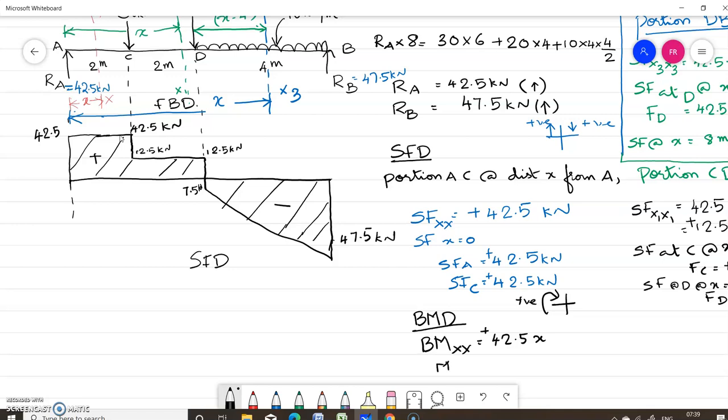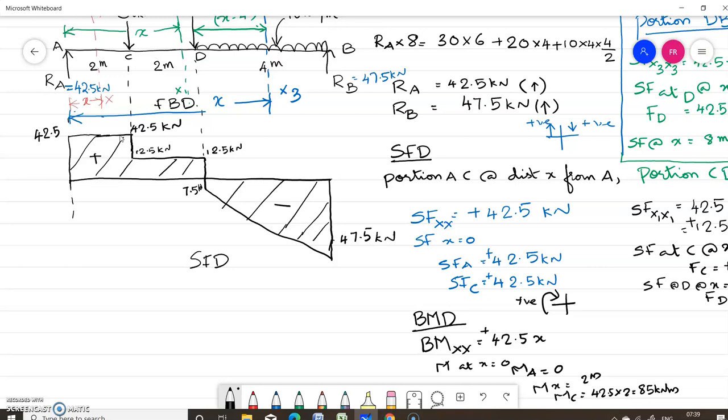Now we can find out what is the bending moment at x equal to 0. That is, bending moment at A is equal to 0. Now we can find out the bending moment at x equal to 2 meter. That is, bending moment at C is equal to 42.5 into 2. This is equal to 85 kilonewton meter.